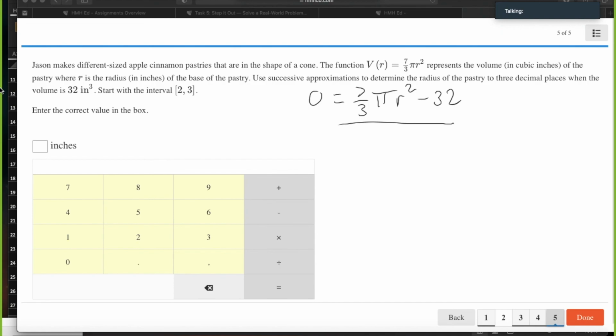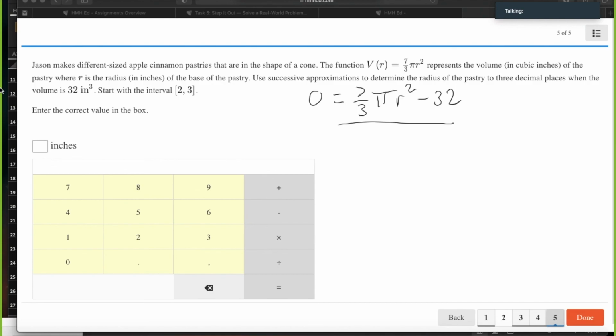So 7 divided by 3, I put that in parentheses just in case. Do I have a pi button? I do. Pi. So I'm just going to use x for my r squared minus 32.